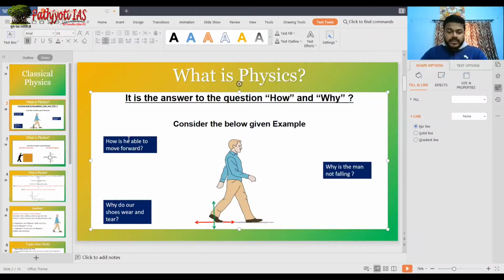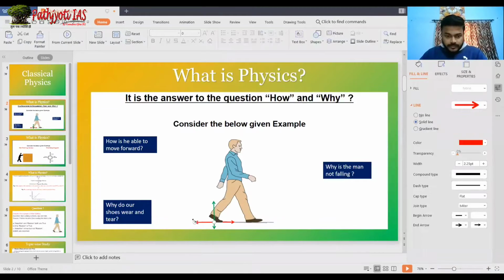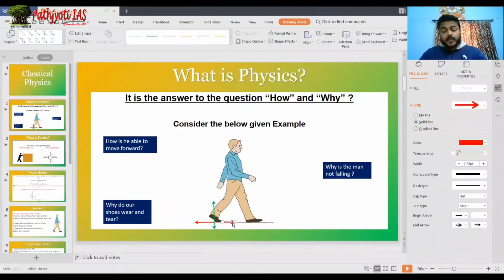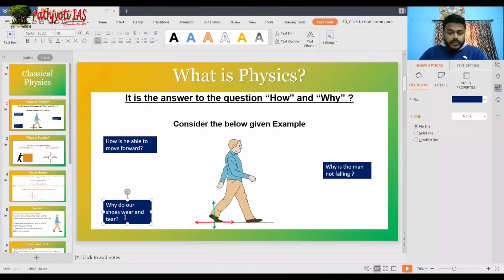So for example, this is the force which he is exerting on the ground, and this is friction which is opposing his motion. Due to this, we have wear and tear in our shoes. This is due to the force of friction, and due to friction only he is able to walk and he is not falling. Are these three things clear to everyone?